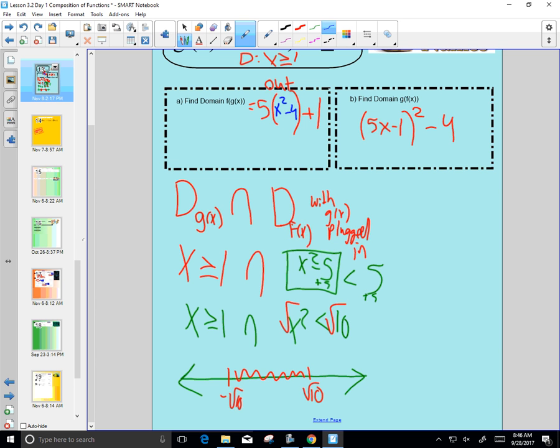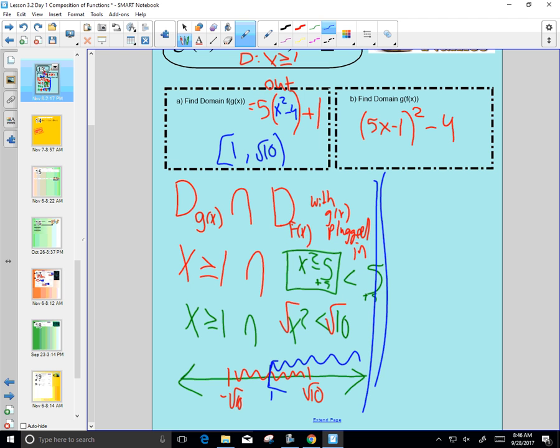Then we're going to intersect it with x greater than or equal to 1, like this. And what's the intersection of this? One to the square root of 10. I know, complicated, isn't it? You didn't think this was going to be that hard, but I think it's kind of tricky.